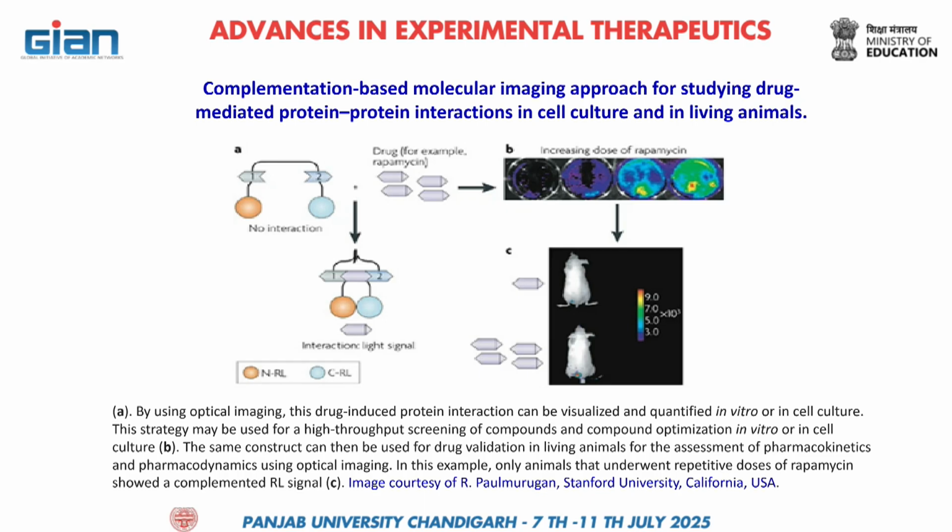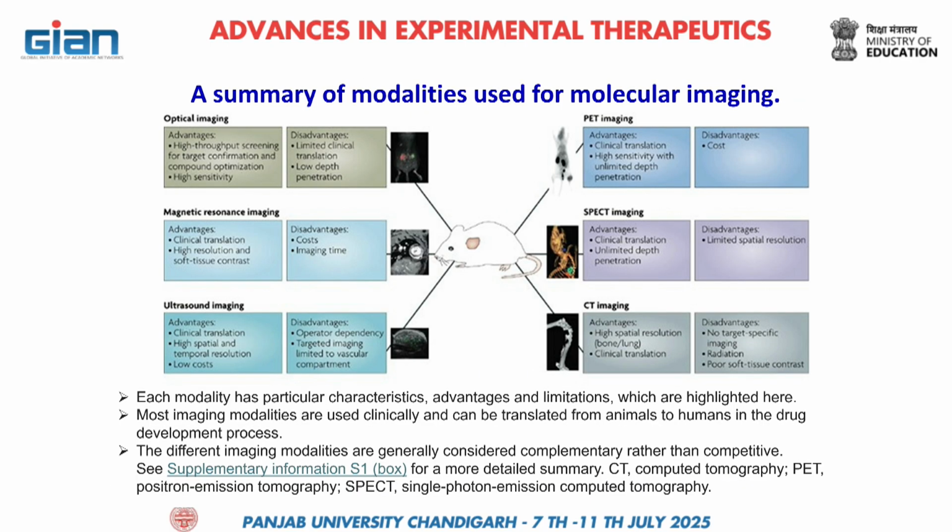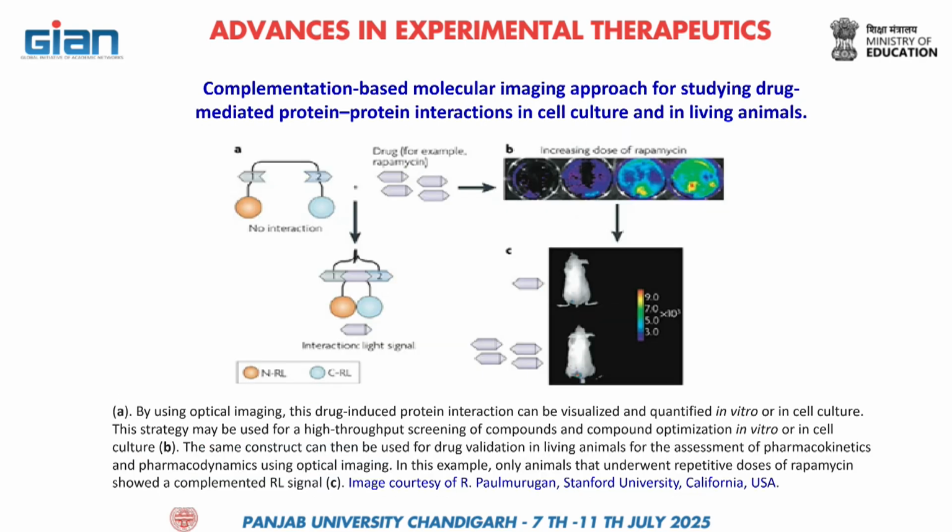Okay, so this is again, as I was telling you, many ways where we do imaging routinely. For example, all those who do a lot of in vivo work use this routinely.